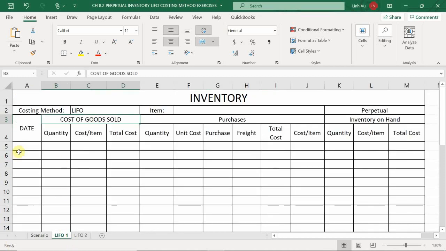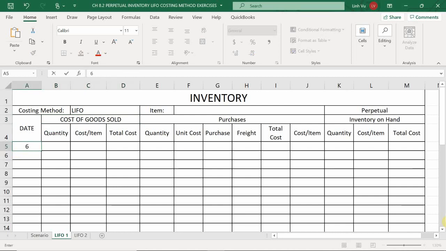So I'm going to go ahead and go into my inventory worksheet. It is May 5th. And we're going to skip this section here. And we bought 1,000 units at $3 each with a freight of $100.